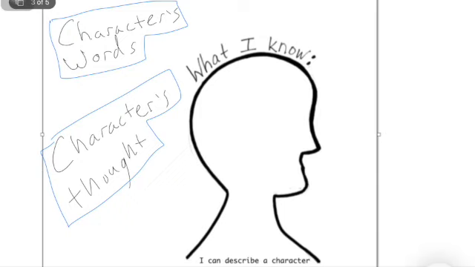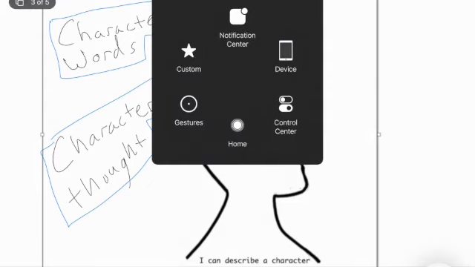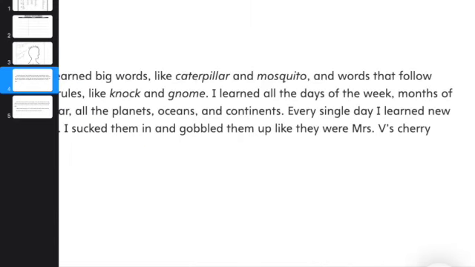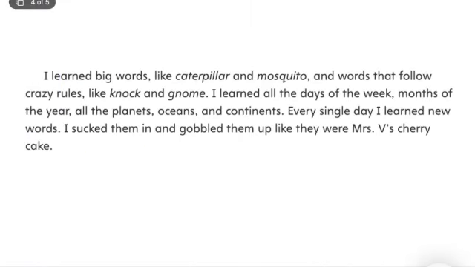And then character's thought. What about a character's inner monologue makes you think they have that trait? And I've prepared a couple of readings, and the first one is from, both of these are from the reading I gave you guys today.